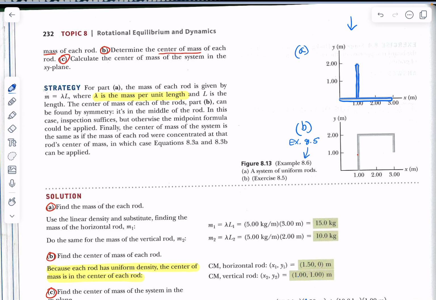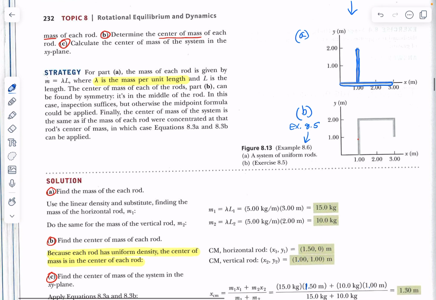And we need to first of all find the mass of each rod. Well, finding the mass of each rod is pretty easy. If density equals mass over volume, you all remember from freshman physics probably that the mass, therefore, is density times volume. Well, in this case, we'll use the Greek symbol for the linear density, lambda, times the length, and they're using a capital letter L, of the rod.